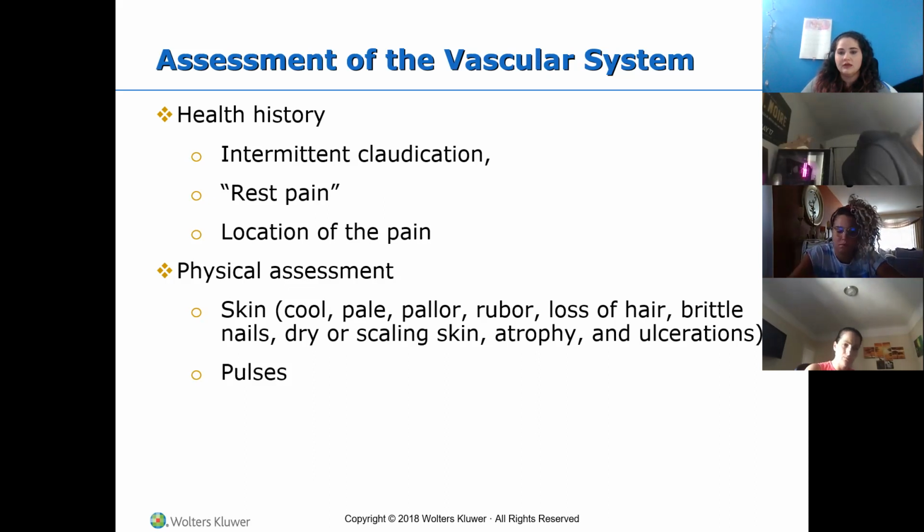When it comes to the loss of hair, brittle nails, and dry or scaling skin, the reason is that if you don't have adequate blood flow, those things aren't going to be produced properly. So you're not going to see hair where blood flow is not functioning properly.